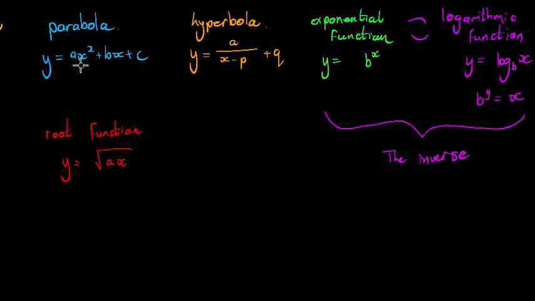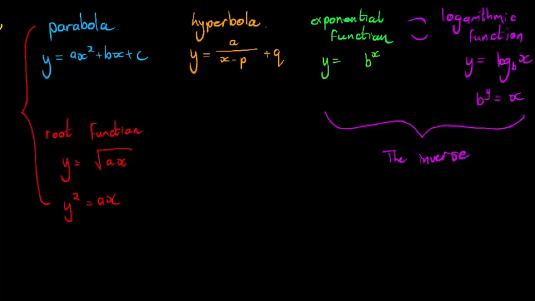Now, again, how do I know something is a parabola? I know it's a parabola when the x is squared. When is something a root function? It's when the y is squared. Because y squared is equal to ax. Notice that.